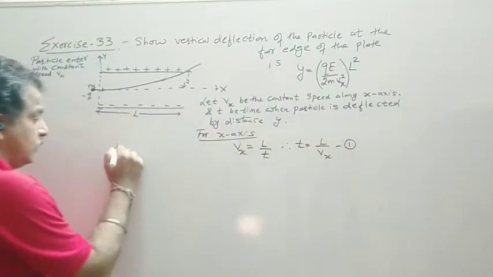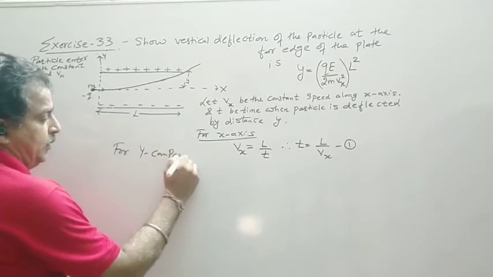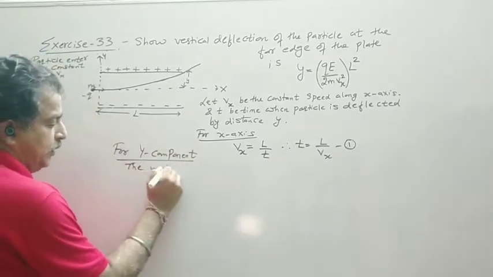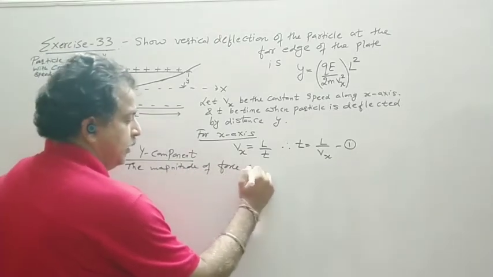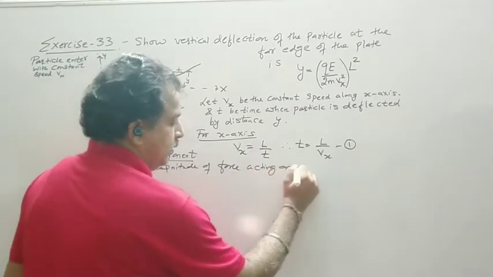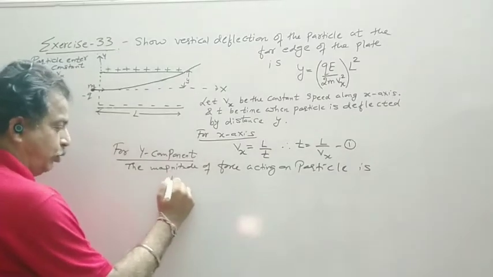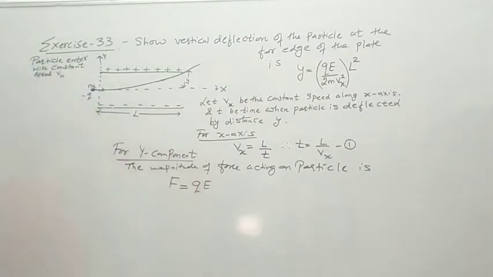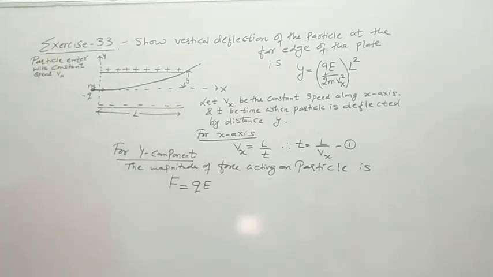So for the y component, the magnitude of force acting on the particle is, now force is equal to Q into E. We are taking only the magnitude; the direction is clear that the particle will move along the y-axis.